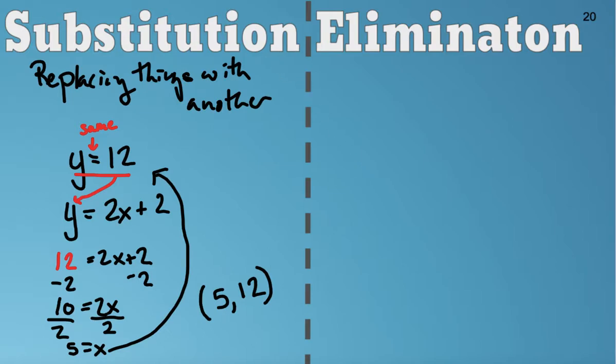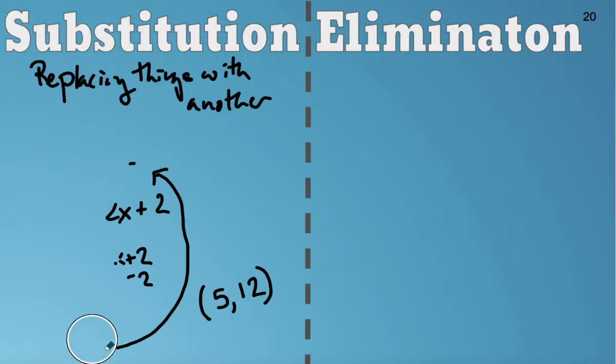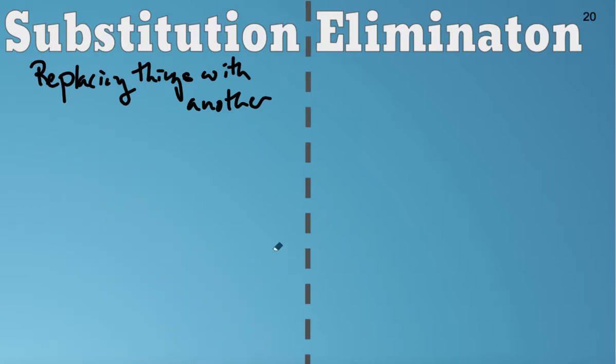Now let's give ourselves just a slightly more complicated example. So I could have something like y equals 2x, and then I could have y equals 4x minus 4.